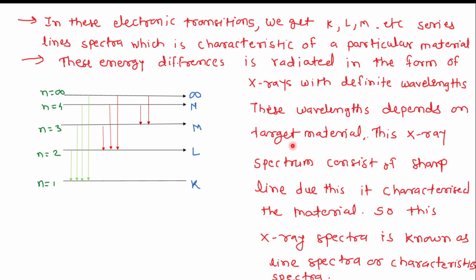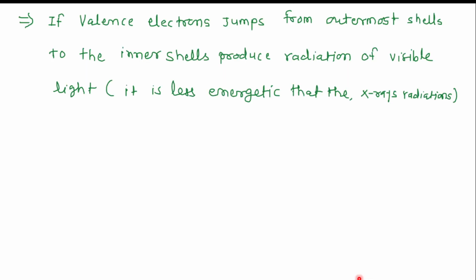This wavelength depends on the target material, so every target material has a different characteristic spectrum. The X-ray spectrum consists of sharp lines, and due to these lines we can characterize the material, because different materials have different frequency lines. So this X-ray spectrum is known as line spectra or characteristic spectra.